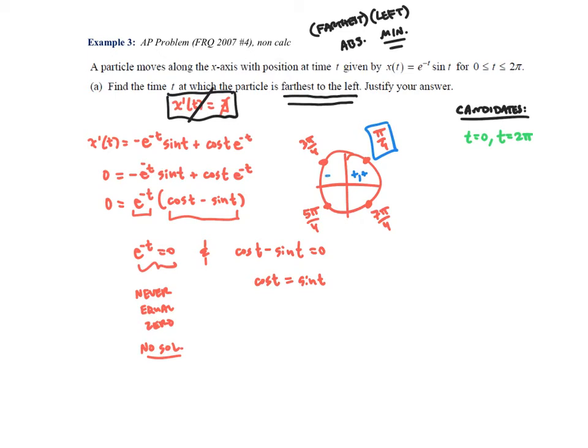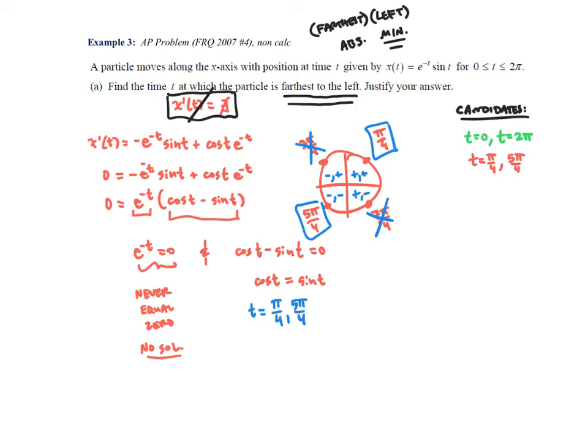In quadrant 2, we get negative cosine, positive sine, so 3 pi over 4 isn't going to work for us. At 5 pi over 4, I've got negative cosine and negative sine. That will work for us. And in quadrant 4, I get positive cosine, negative sine. That will not work for us. Therefore, at t equals pi over 4 and 5 pi over 4, we would have what we would consider critical values.